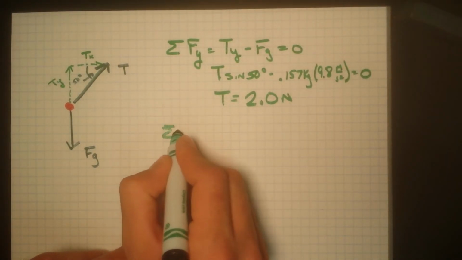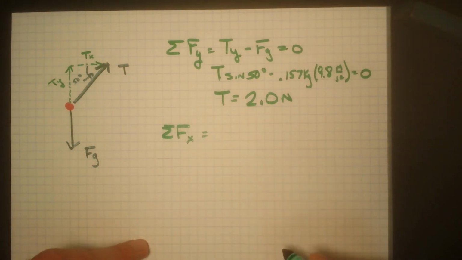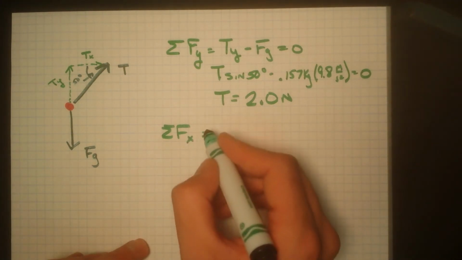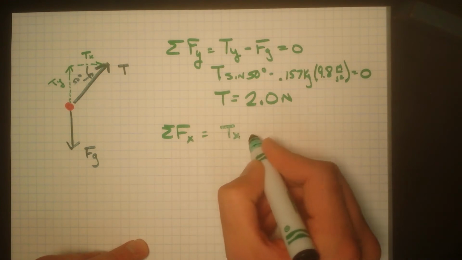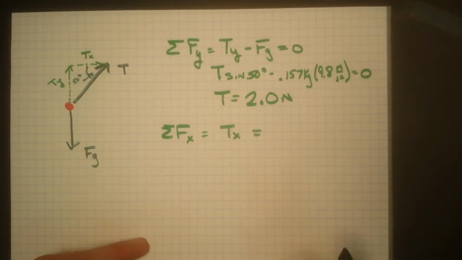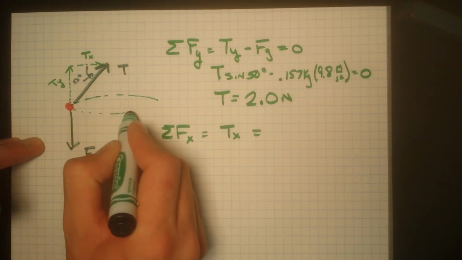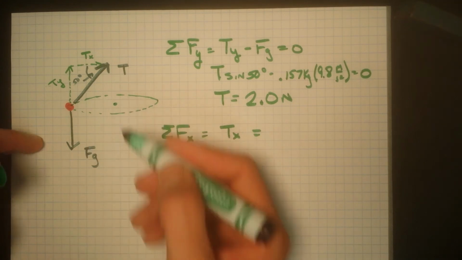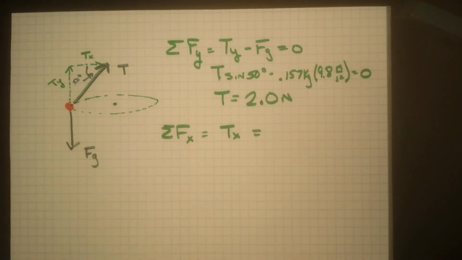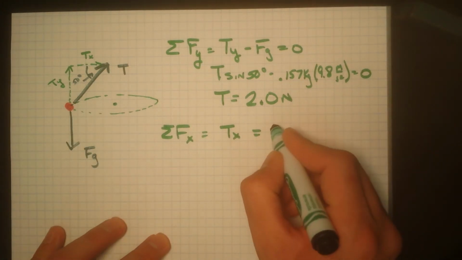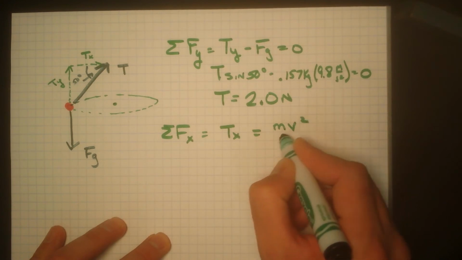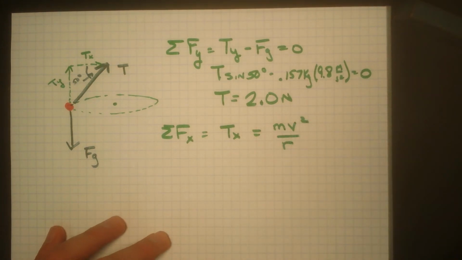Now I'm going to look at the sum of the forces in the x direction. Here I only have the tension in the x direction, and that tension in the x direction is providing the centripetal force. Keep in mind that this pig is going in a circle, and so there must be a force pointed to the center of that circle, and it must be equal to centripetal force, which is mv squared over r.